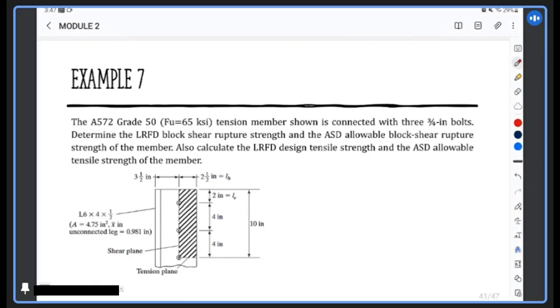So, tension member, lagay ko na lang: A572, Fy is equal to 345 MPa, and Fu is equal to 448 MPa.